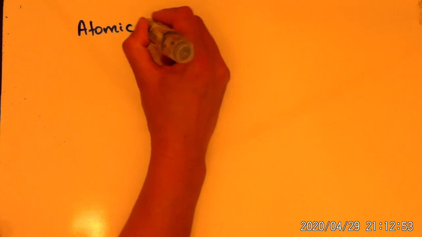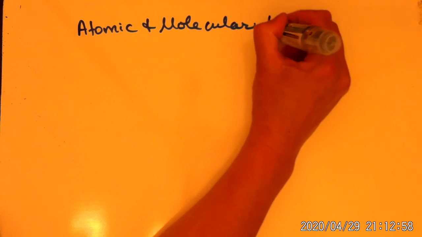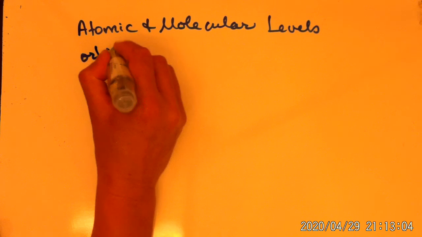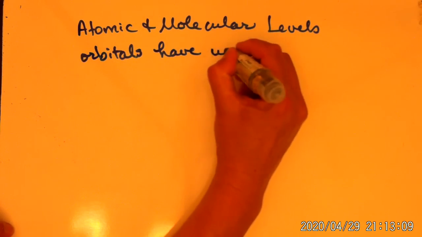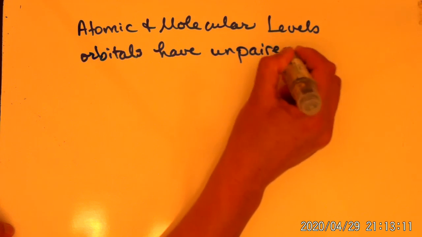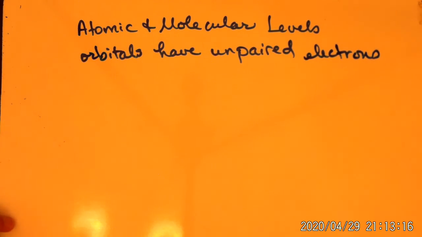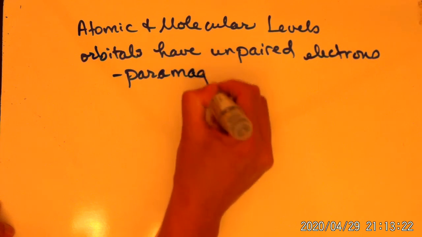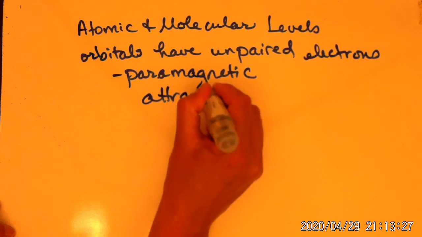So on the atomic and molecular levels, like in oxygen gas, if our orbitals have unpaired electrons, they are paramagnetic. They're attracted to a magnetic field.